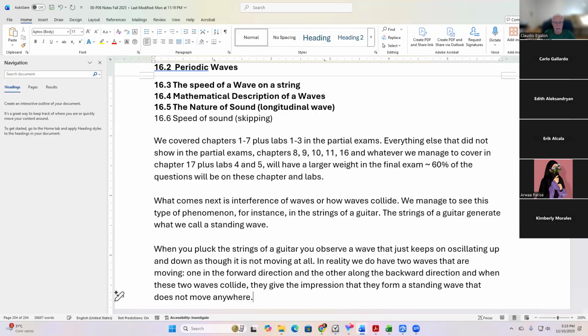Okay? But in reality, they are moving. We have one wave that's moving to the left and the other one moving to the right. And because we have those two waves, when they collide with each other, they give the impression that they are just standing in there, okay?